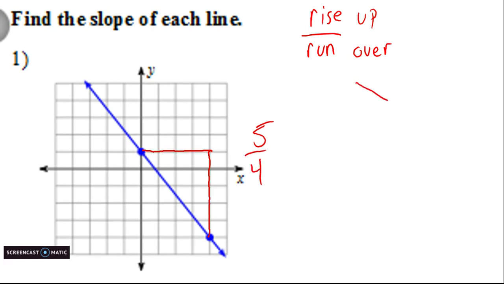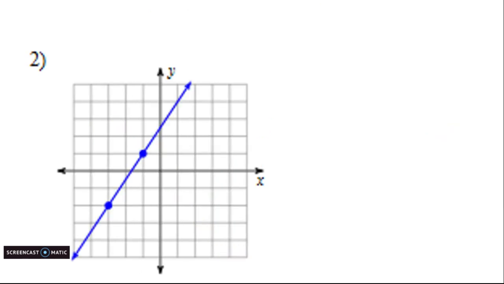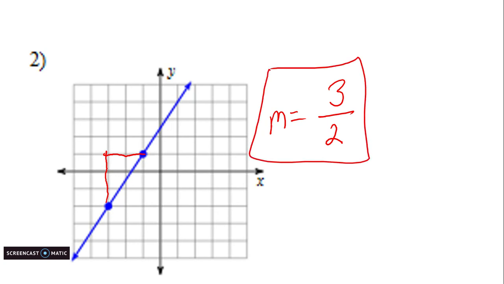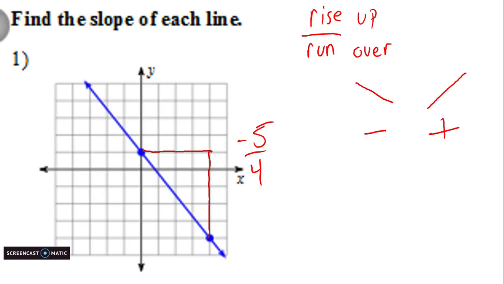As a reminder, down and to the right is negative, up and to the right is positive, and so this is negative 5 over 4 for a slope. This one we're going up 1, 2, 3, and over 1, 2. So your rise is 3, your run is 2, and we use M to represent slope just as a reminder. Up 3 over 2. Up 5 over 4.